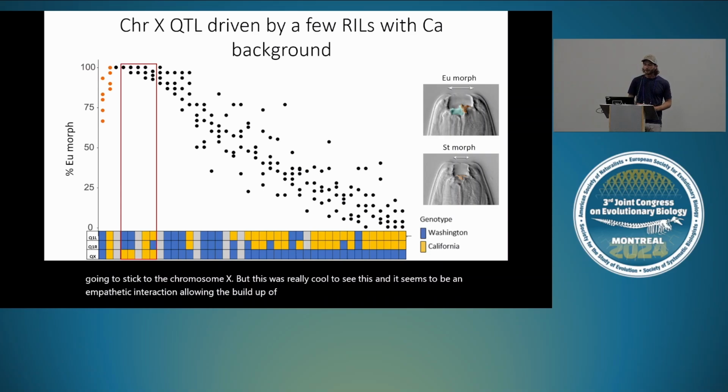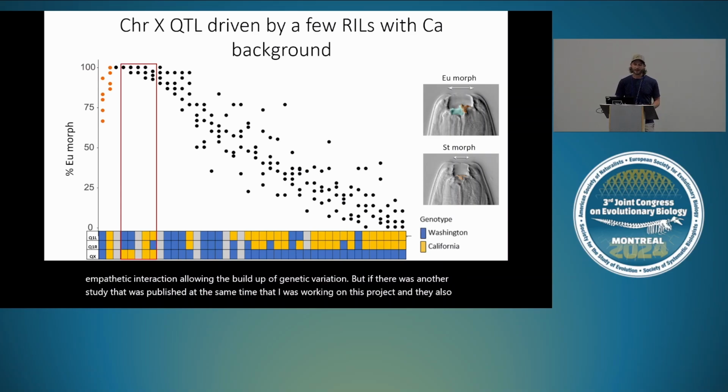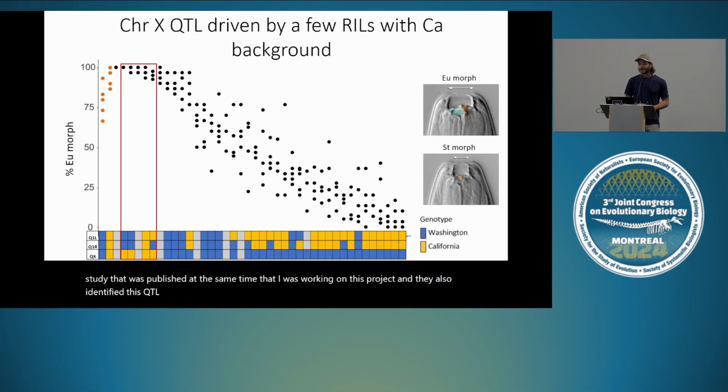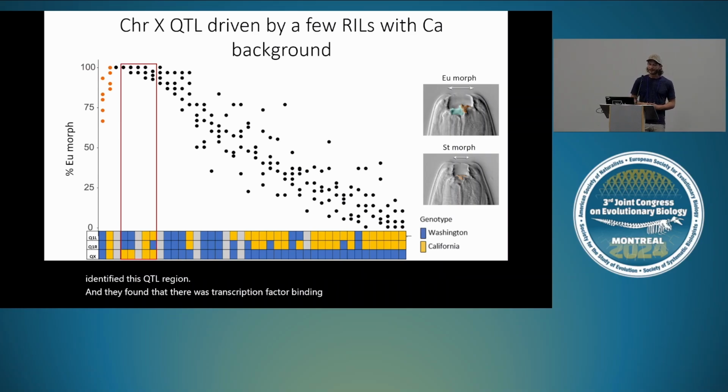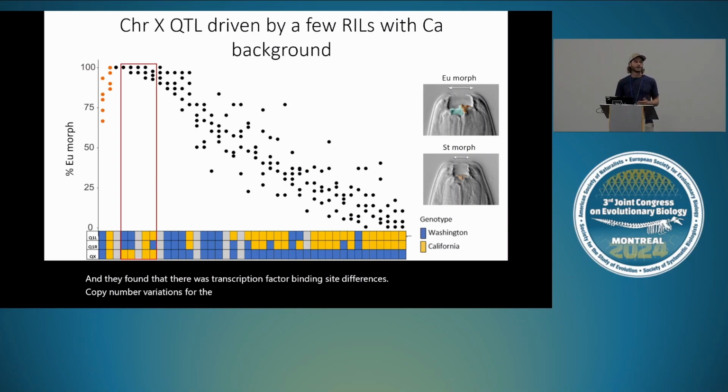genetic variation. But there was another study that was published at the same time that I was working on this project, and they also identified this QTL region. And they found that there were transcription factor binding site differences and copy number variations for the UD1 switch gene. And I wanted to make sure we weren't finding the same thing and that I hadn't been scooped, hopefully.